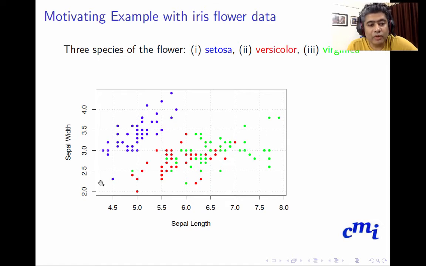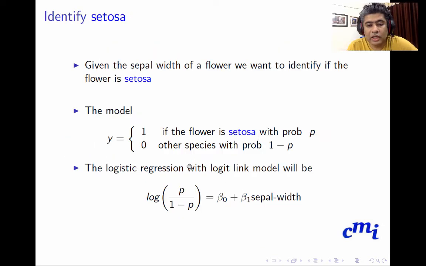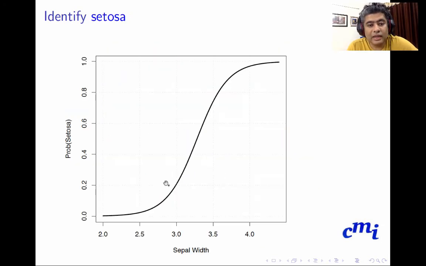But below 3, it is highly unlikely that it is going to be setosa. Below 3, it is most likely either a versicolor or virginica. And we see that this is reflected in this curve. This is the typical fitted elongated S-shaped logistic regression curve.